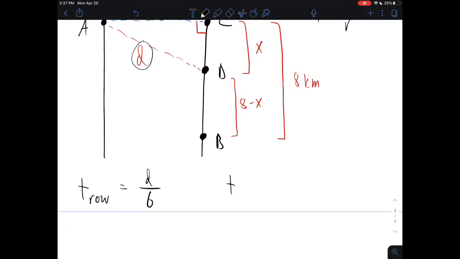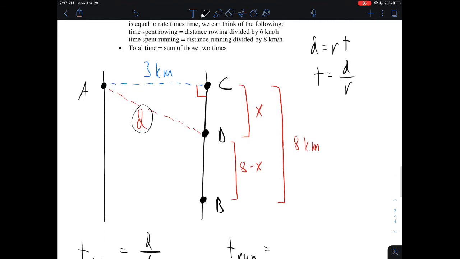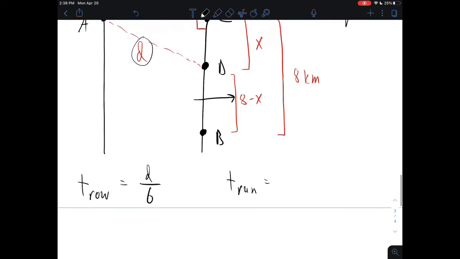So the time spent running, that will be the distance that was ran divided by 8. So now, if we're just thinking of landing somewhere at point D, the distance that this person's going to run is the 8 minus x. And so we take that distance, 8 minus x, and divide by 8.